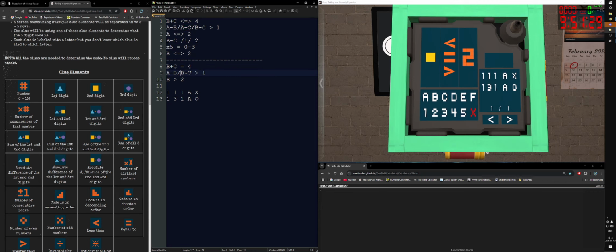One of these two. Now, let's change it up a bit. Let's do 3, 1, 1. Actually, no, it's a 3, 1, 3. Keep in mind, you are not allowed to query the same 3-digit number again. So if I create 111 for A, I am not allowed to query it for any other clue.